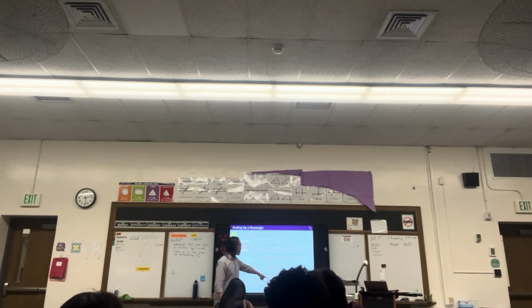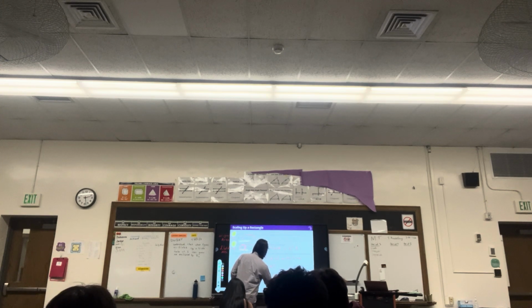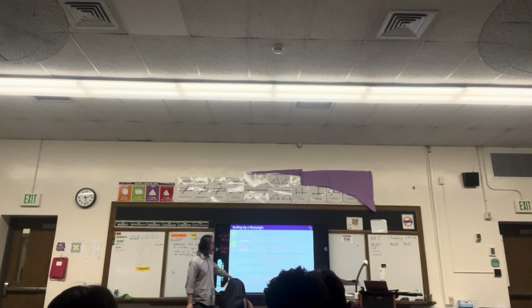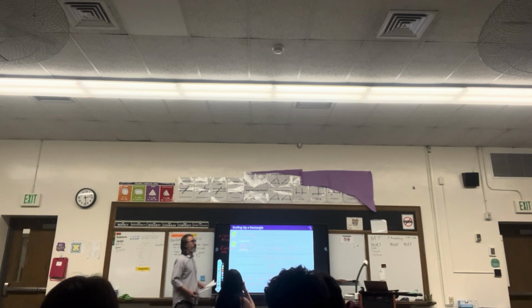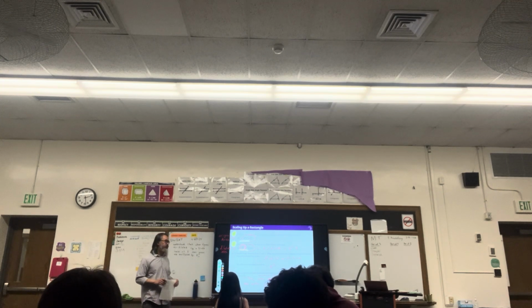So the area of a dilated image is equal to the area of the original multiplied by K squared, which is the scale factor squared.